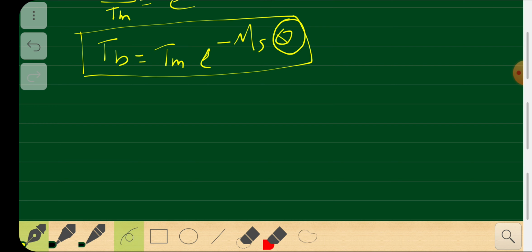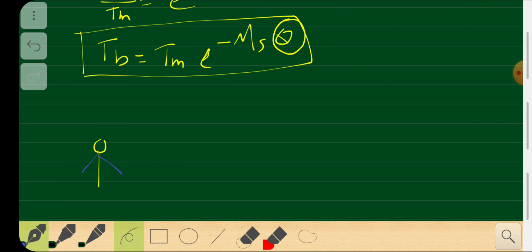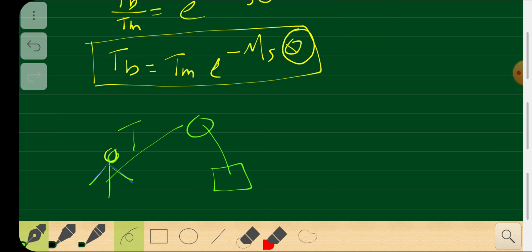The boy is holding the mass from this side, and there is a rope and the mass is just like that. So if you hold the mass, Tb will decrease exponentially compared to Tm, right?